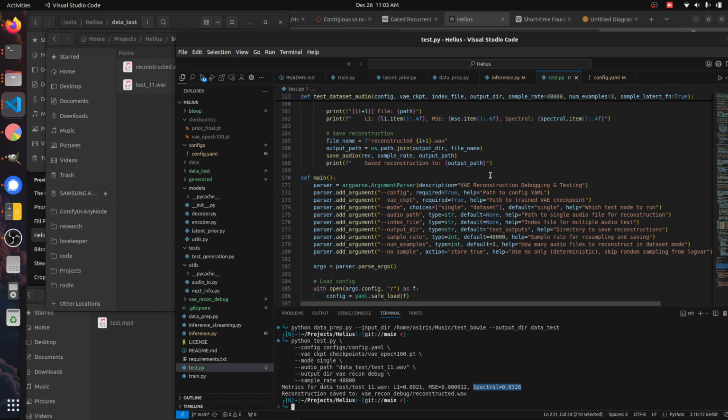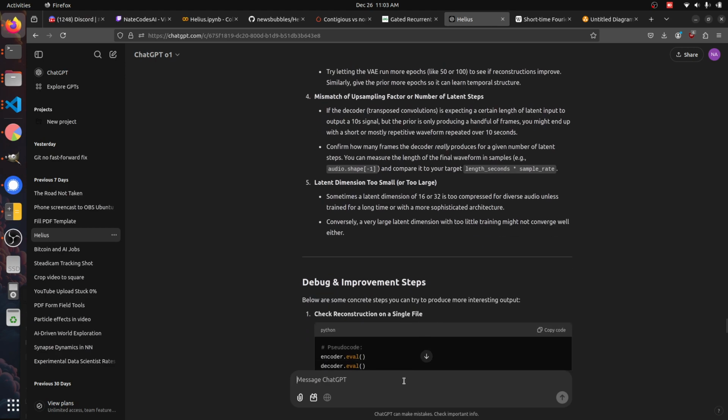But let's focus on, I mean, okay. That would be something that I would do just for, okay, so let's just say it looks like it is properly reconstructing the audio using the VAE Epoch 100.